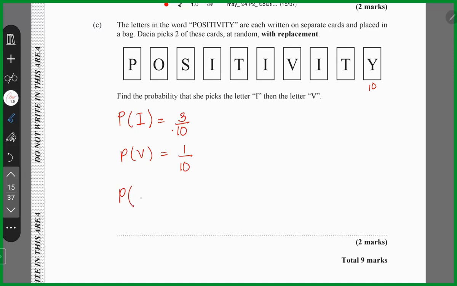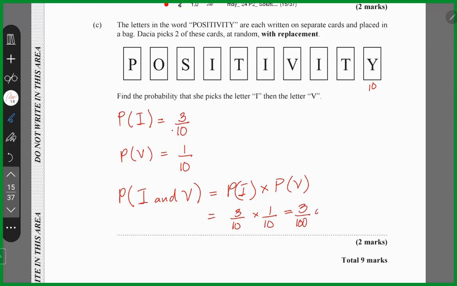And if 2 events are independent events, the probability of getting an I and then a V would be equal to the probability of getting an I multiplied by the probability of getting a V. And this would be 3 out of 10 multiplied by 1 out of 10.